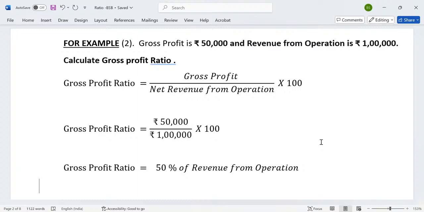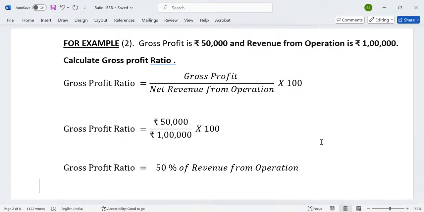When we multiply by 100, the answer will be in percentage. Gross profit ratio is equal to rupees 50,000 divided by rupees 1 lakh into 100, which is 50% of revenue from operations.